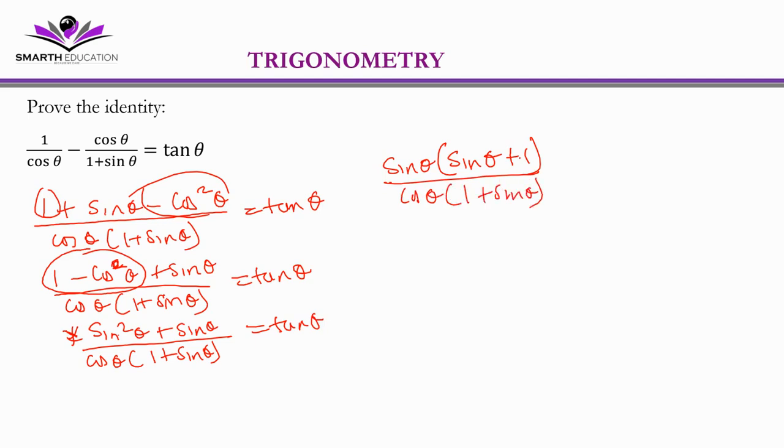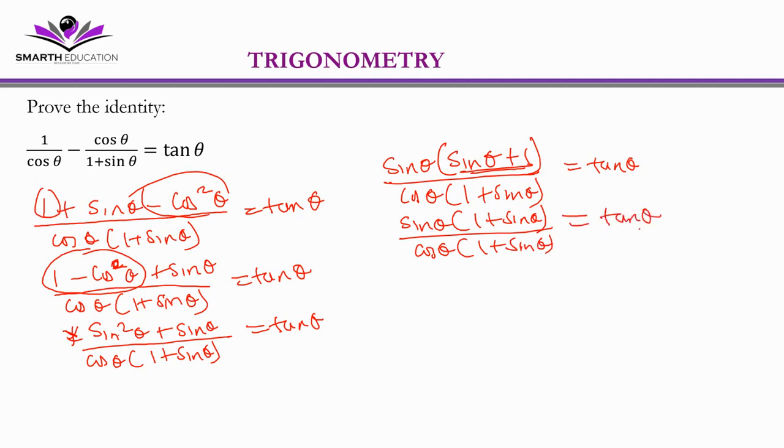Addition is commutative, so we can also write this as 1 plus sine theta. So sine theta times 1 plus sine theta over cos theta times 1 plus sine theta is equal to tan theta. And then 1 plus sine theta divided by 1 plus sine theta is 1.